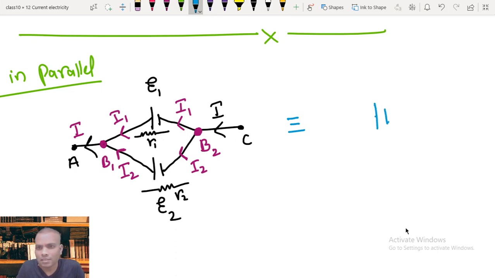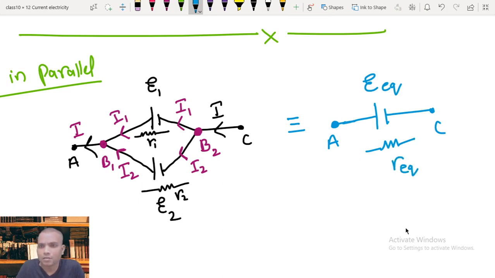So we are having a single cell, and we need to find the potential difference between the locations A and C, that is the end points. If it is a parallel combination of these two cells, we will get an equivalent EMF and equivalent internal resistance.